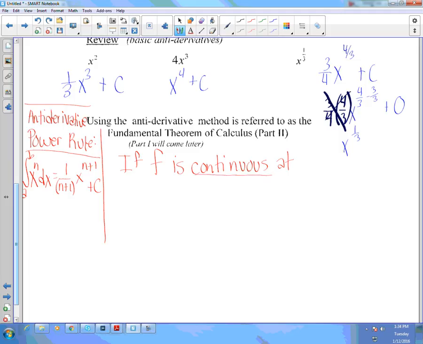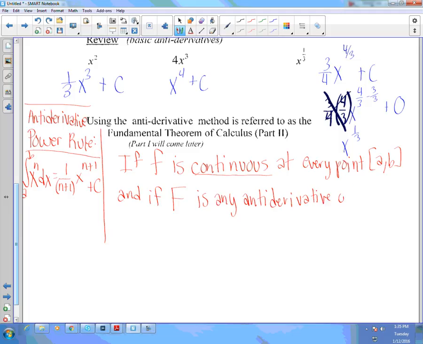So this one requires that f is continuous at every point on the closed interval A, B. And if capital F, so there's a difference between a lowercase f and a capital F, if capital F is any antiderivative of lowercase f on the closed interval A to B, then this is how you evaluate.